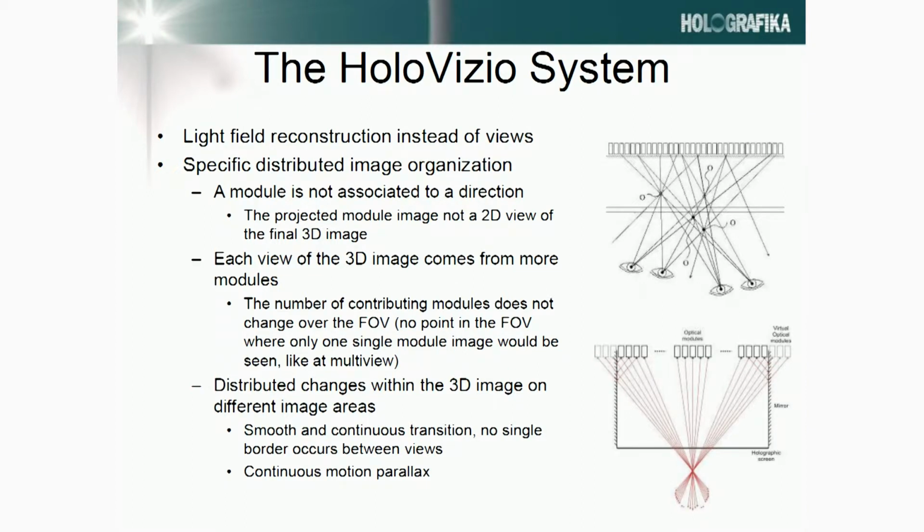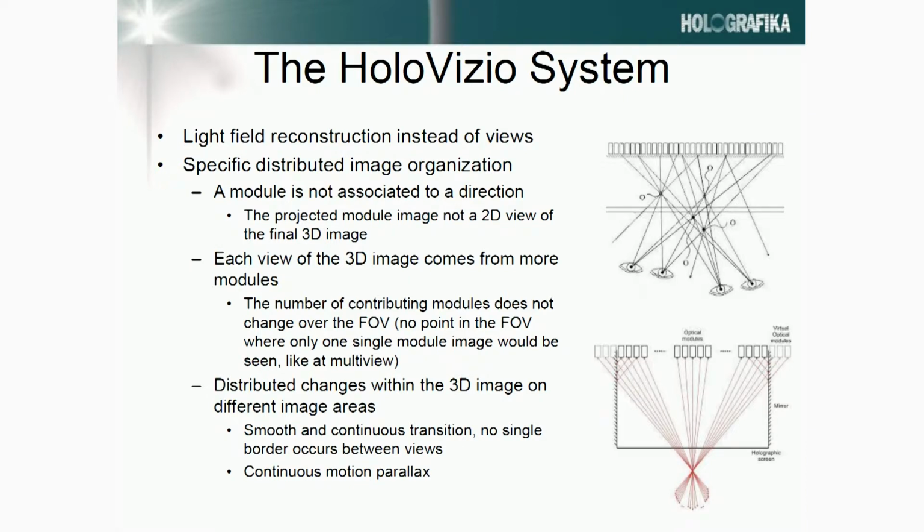What's special about all kinds of rendering and conversion from real-life cameras, like pinhole cameras, to the holographic screen or to the HoloVizio system is that we have a light field reconstruction. As you can see, we have a bunch of rays going all over the place, and one viewer position will see rays from multiple optical modules.